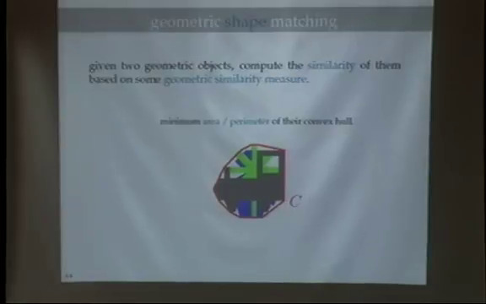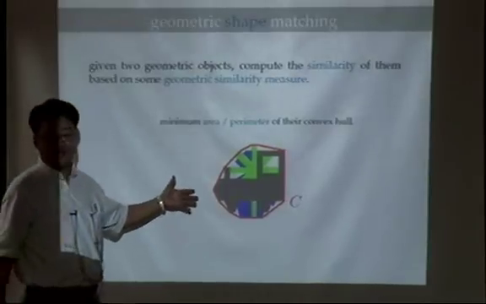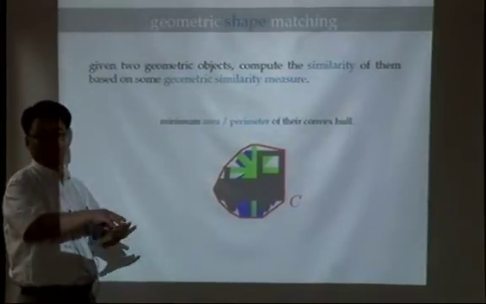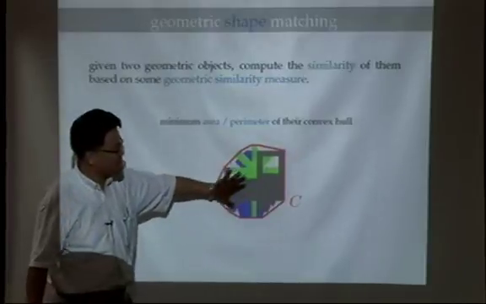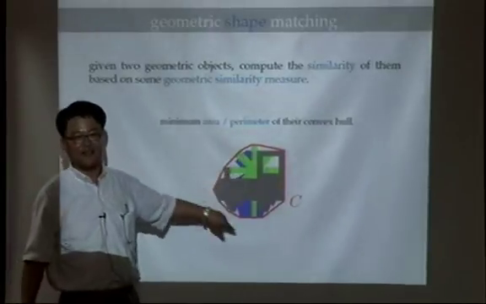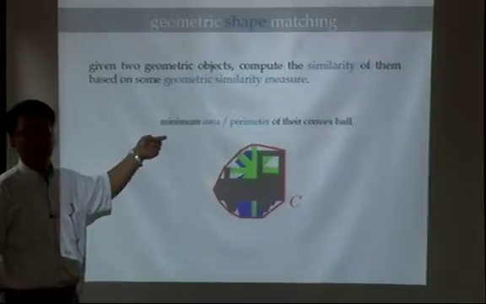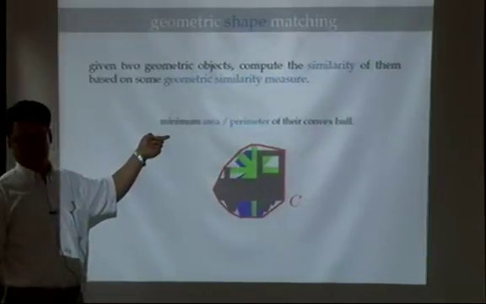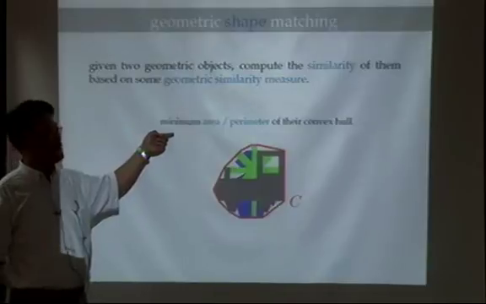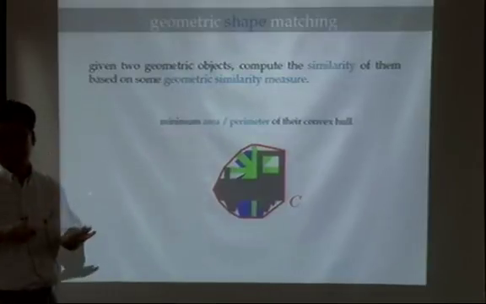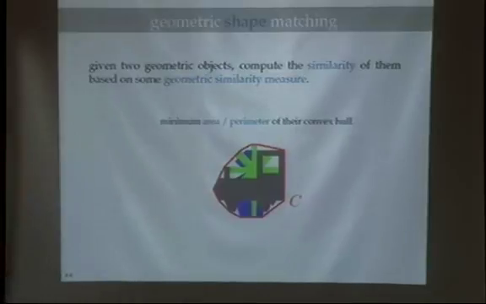So, under translation, for example, you stack them together nicely such that their convex hull has minimum area over all possible translations. Or their perimeter must be minimized over all translations. So the algorithmic question is, find their translations.